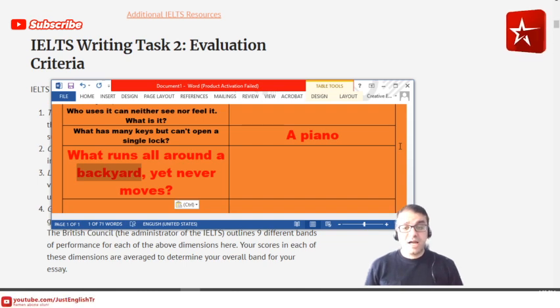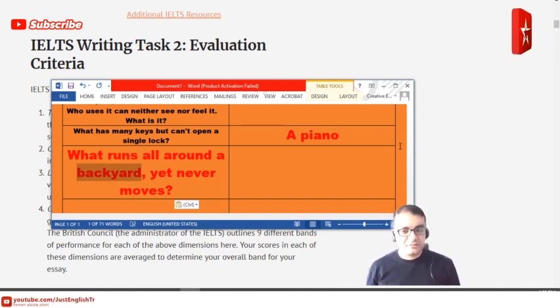Yeah, garden, or the back garden, you know, behind the house, the garden. Exactly. So what runs all around a backyard yet never moves? What is that? Look, we're describing something. What is the keyword here? Backyard. So in the backyard, we're describing something.